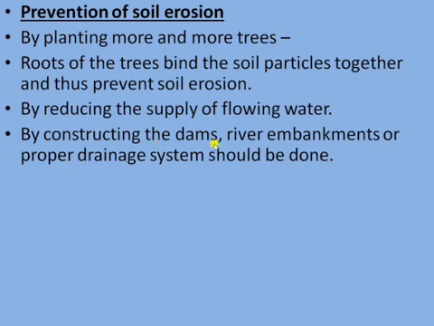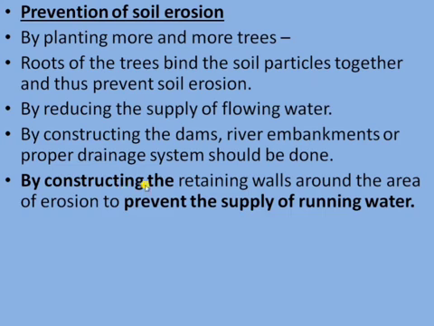By constructing dams, river embankments, or a proper drainage system this can be done. Construct a retaining wall around the area of erosion to prevent the supply of running water.